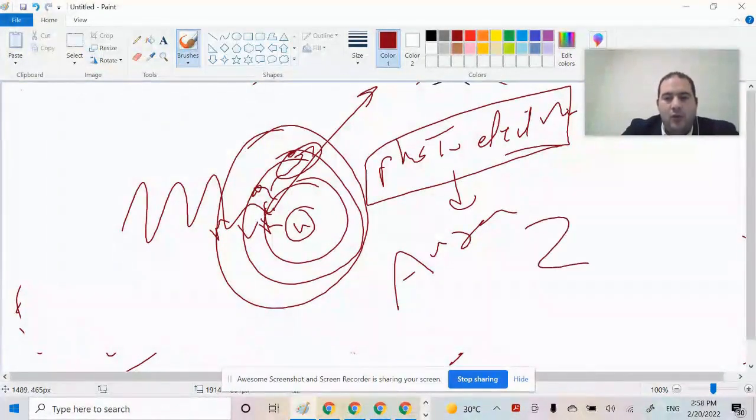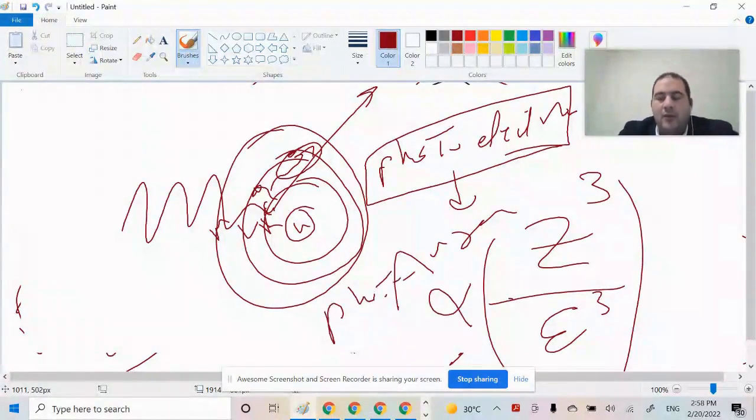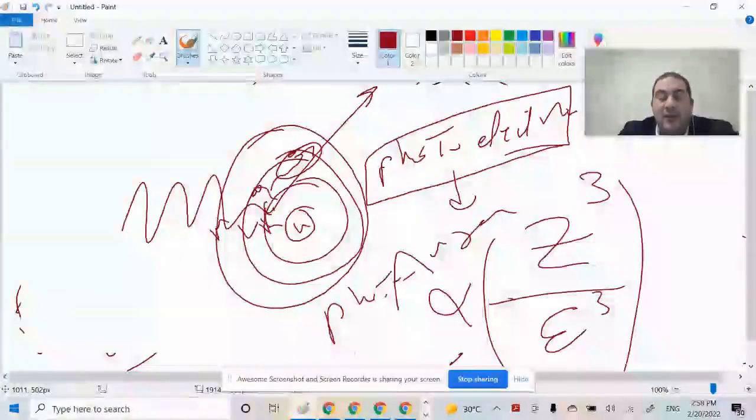electron. The photoelectric effect is directly proportional to the atomic number raised to the third power over energy raised to the third power, meaning energy cubed. Additionally, the probability of the photoelectric interaction increases with the cubic increase in the atomic number. The same idea applies to the reduction in energy, which enhances the photoelectric interaction.